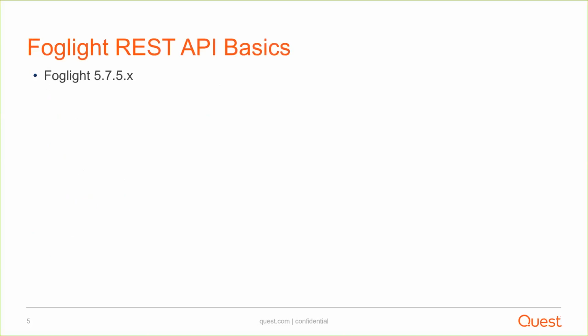And if I'm not mistaken, 5.7.5.7 came installed with the REST API cartridge. So if you're on an older version of 5.7.5, you can download the REST API cartridge from the support link and install it on your server. So with 5.7.5.x or later, you have Foglight REST API.